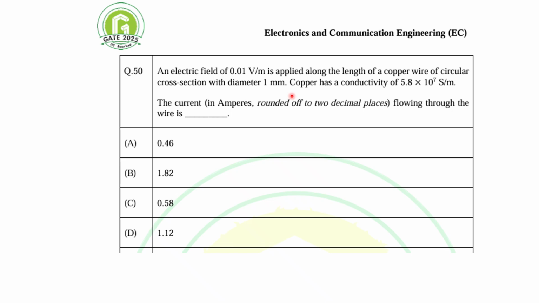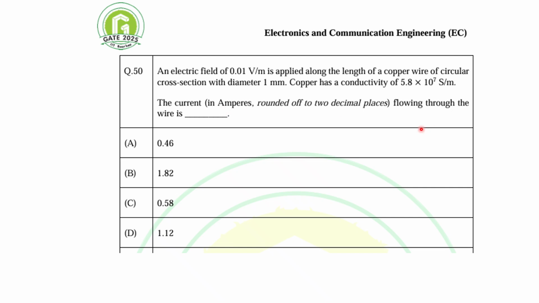In this question, the electric field is already given, so the current will flow due to the drift current. There are two different sources of current: the first is diffusion, that is the concentration gradient, and the second is drift, that is the voltage application, the external voltage.